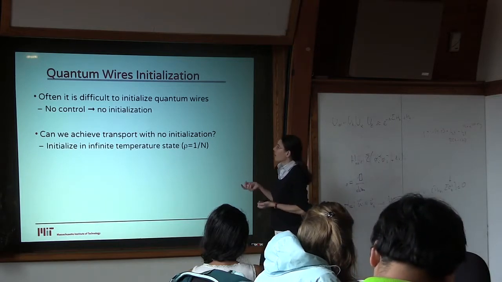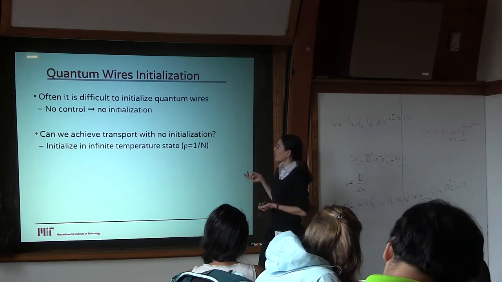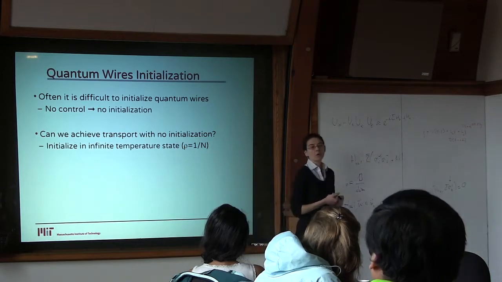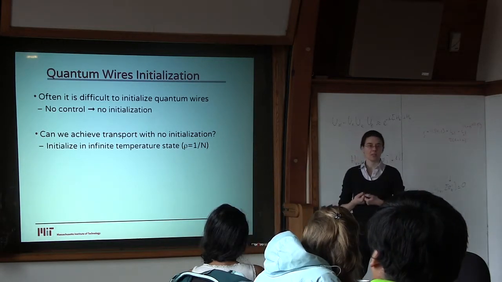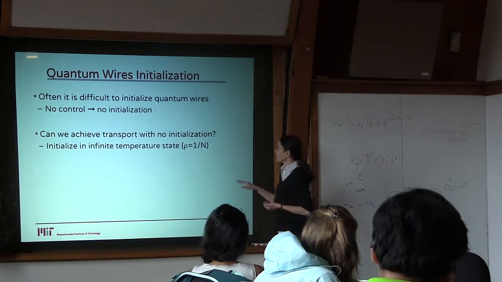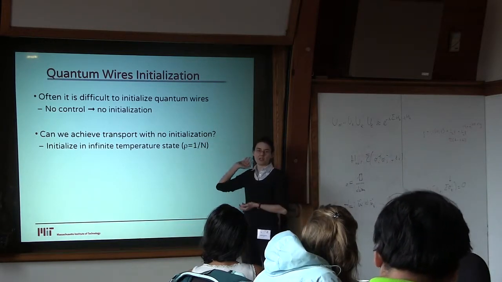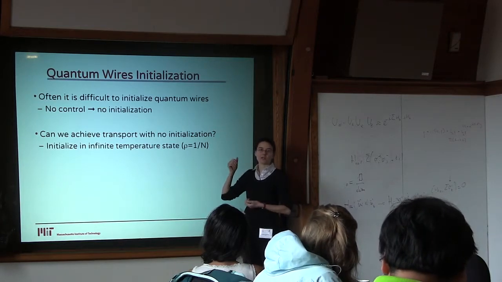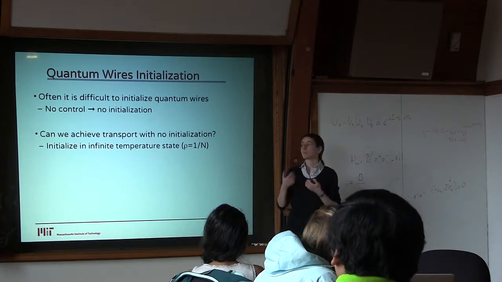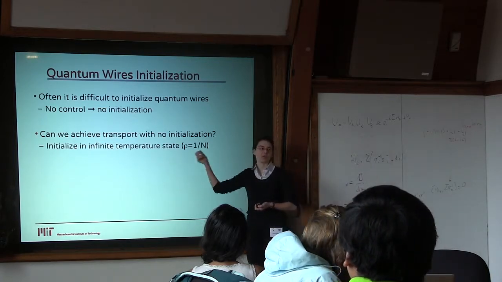So to solve that problem, the question is, can we achieve transport even if we have no control on the initialization of the spin wire? So there are ways in which you can do it without any initialization at all. A second way is to say, well, it's probably difficult to achieve zero temperature, but it's much easier to achieve almost infinite temperature.